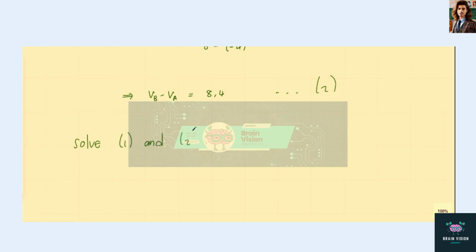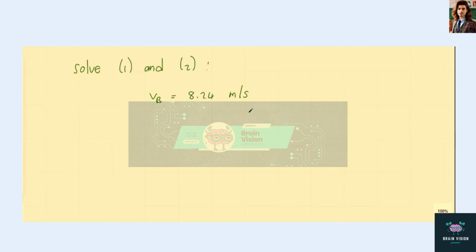Solving equations 1 and 2, we get that the velocity of ball B after the collision, VB, is 8.24 meters per second, and that's positive, so that's to the right. VA is equal to minus 0.16 meters per second, and that's 0.16 meters per second to the left.